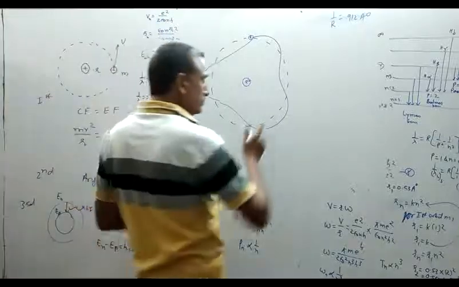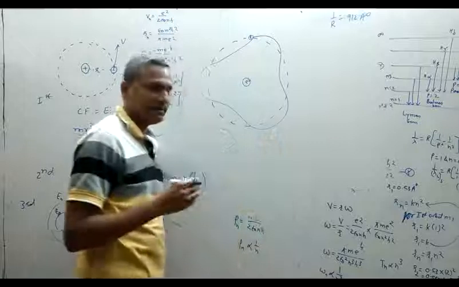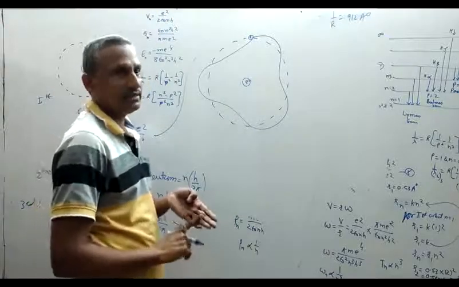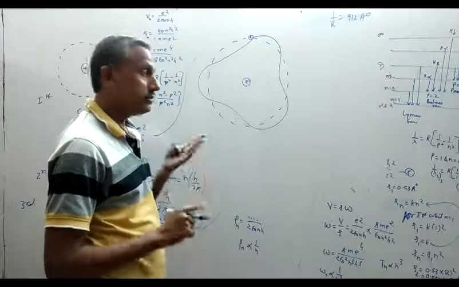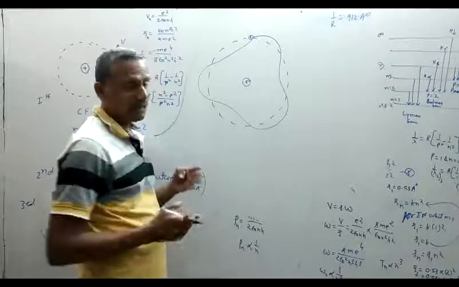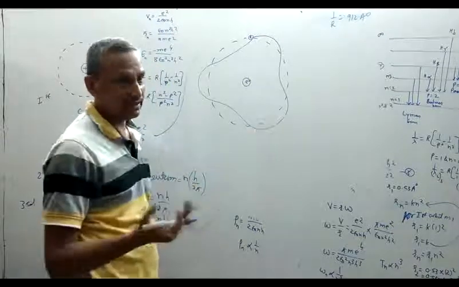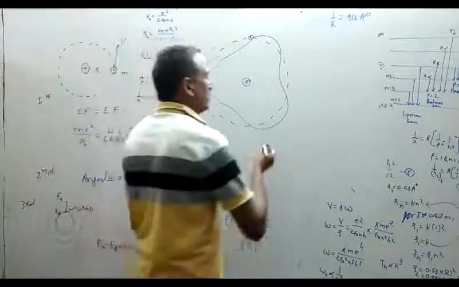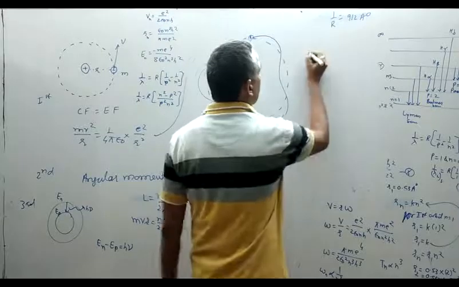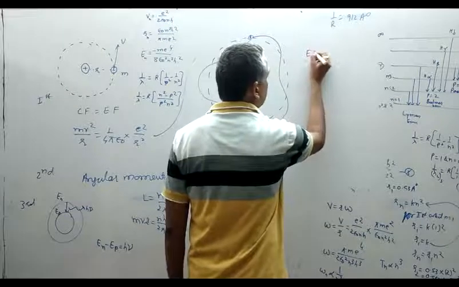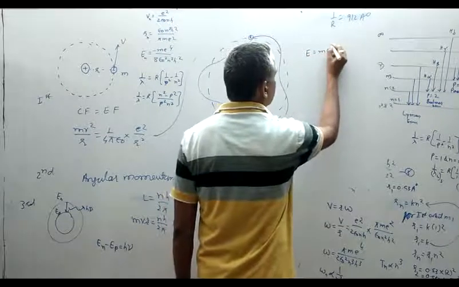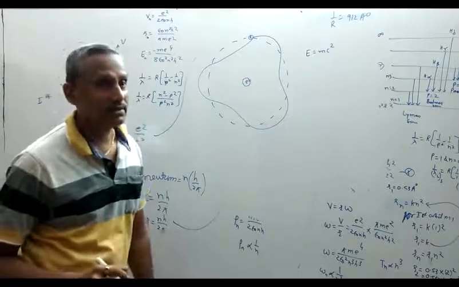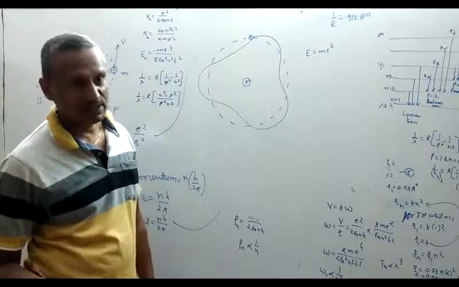So here, when an electron is revolving, any small particle like an electron, proton, or neutron moves just like a wave. We know that when a particle is moving in the form of a wave, it has a certain wavelength. The mass energy of the electron is represented according to Einstein's mass energy relation, E is equal to mc square.